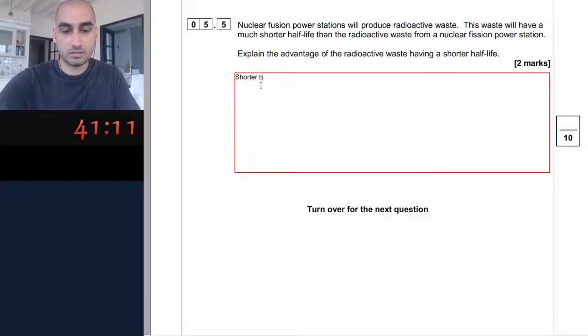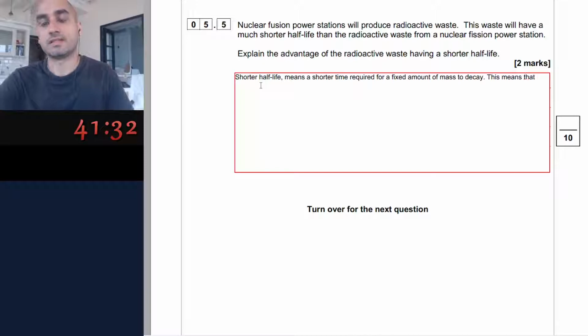Shorter half-life means a shorter time required for a fixed amount of mass to decay.